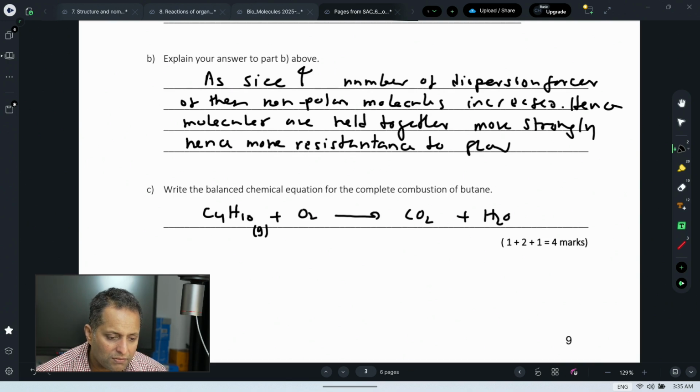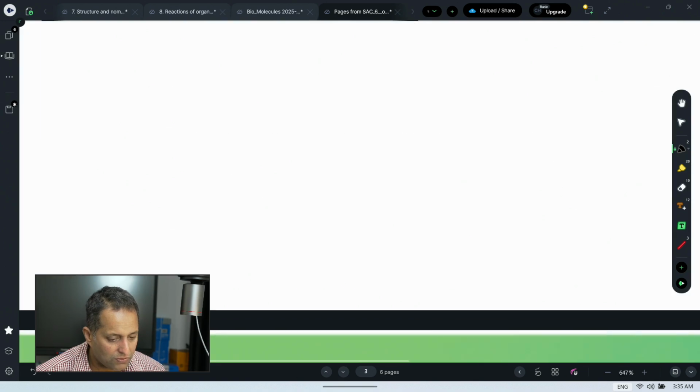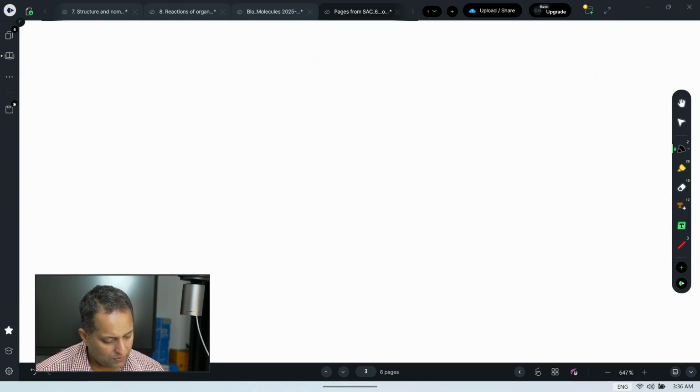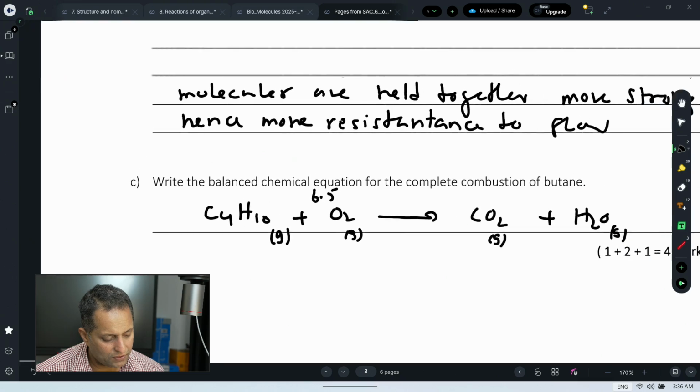The chemical equation of complete combustion of butane. So it's a gas. This is a gas. This is a gas. This could be a gas or liquid. I don't think it's a big issue here. Now, 6.5 O2. Yeah, 6.5 O2.